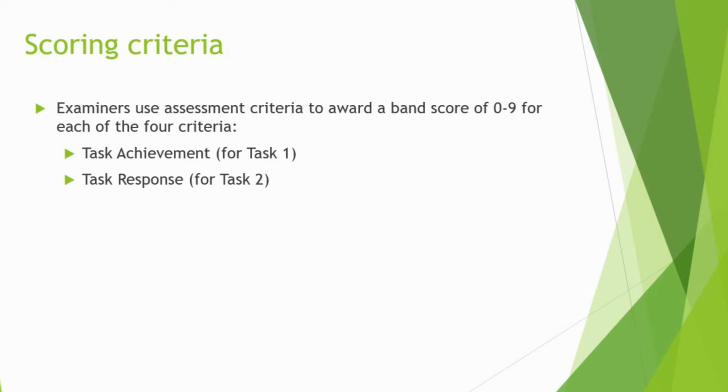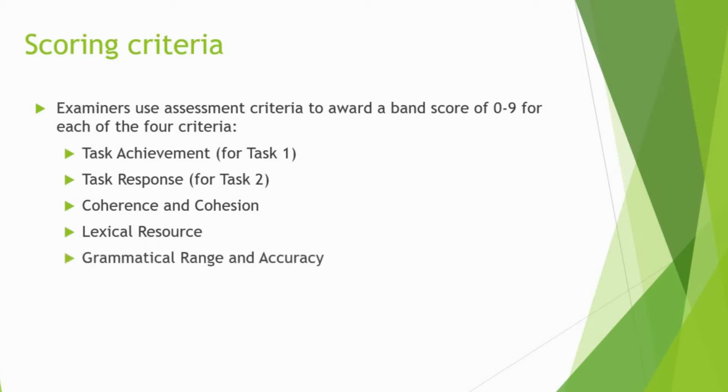Both of them may sound different, but in short, they mean that you complete your task as per the instructions mentioned in the question paper. The second criteria is cohesion and coherence. I'll explain this when I explain individual tasks in detail in a separate lecture. The third criteria is lexical resources or vocabulary, and the fourth one is grammatical range and accuracy.